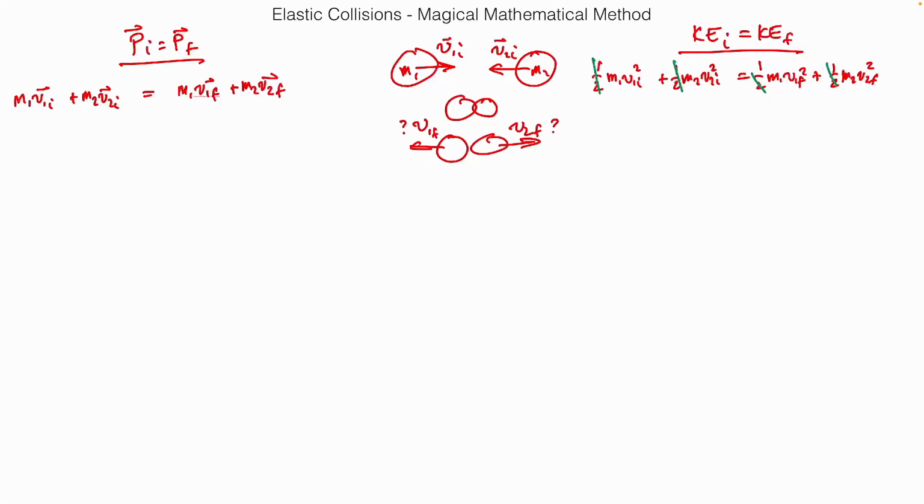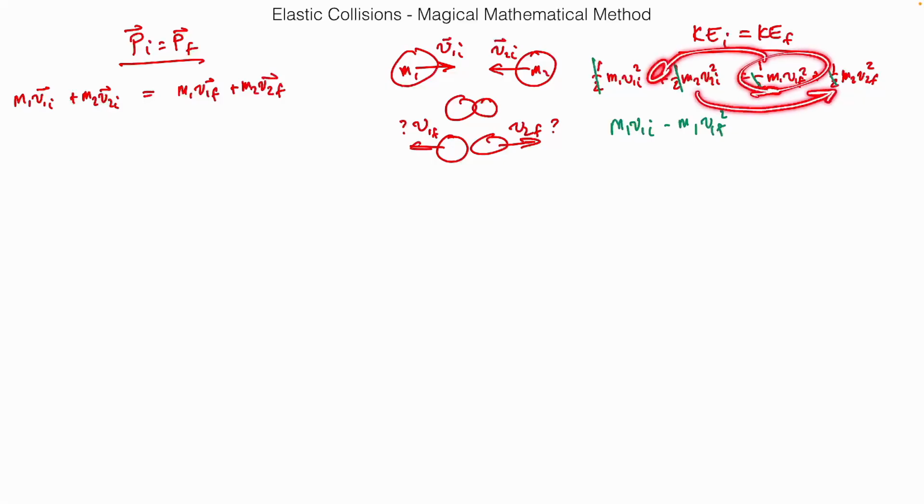Okay, we're going to massage this just a little bit. M1 V1 initial squared minus M... What am I doing? That's right. I'm going to pull everything with M1s to one side. M1 V1 final squared. So I moved the M1 V1 right over here, and it becomes negative.